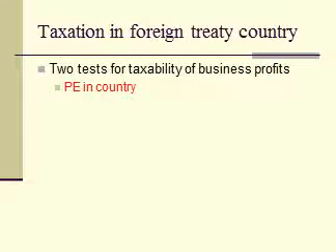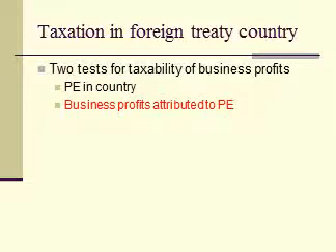First, the U.S. company must have a permanent establishment, or PE, in the country. And second, business profits must be attributed to that permanent establishment.